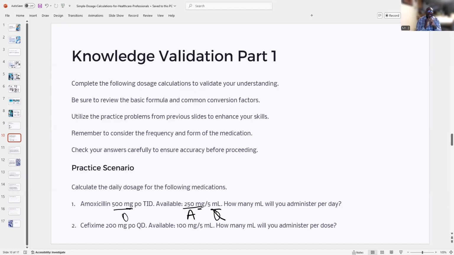Now, if they ask you how many milligram this person is going to get in the 24 hours, in one day, since this person is getting, let's say, 325 milligram TID, well, multiply by 3, that person is going to get 975 milligram in a 24-hour period. All right. So how do you solve per day? Step number 1, you have to solve for single dose.